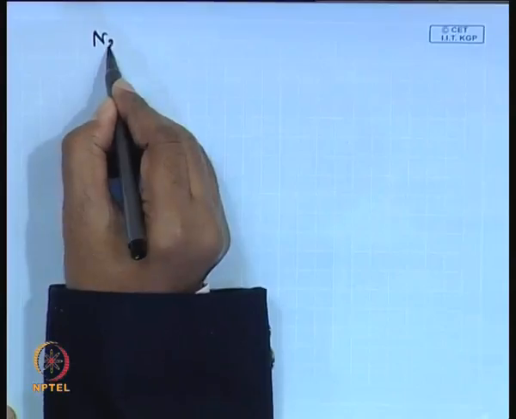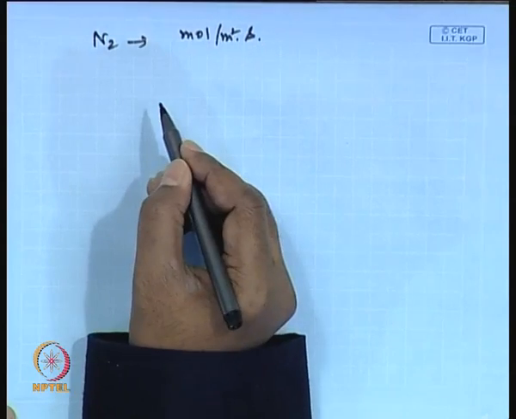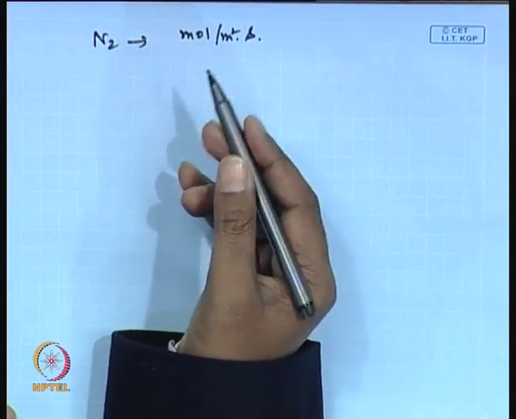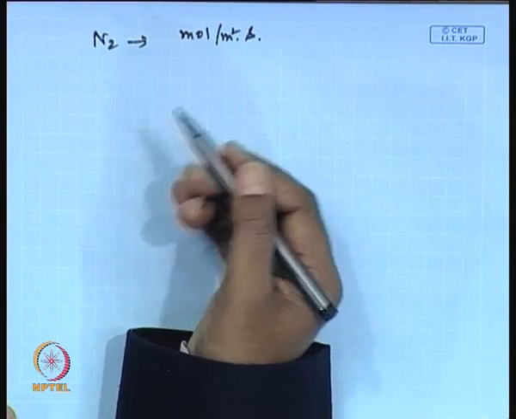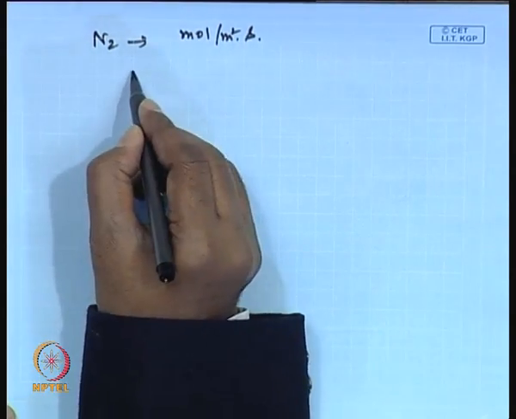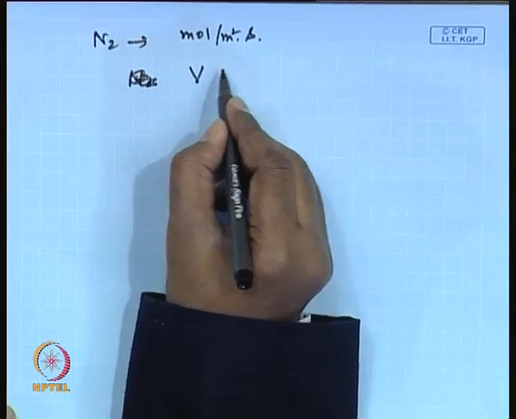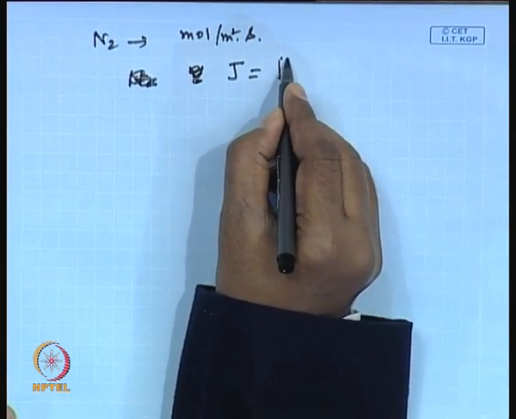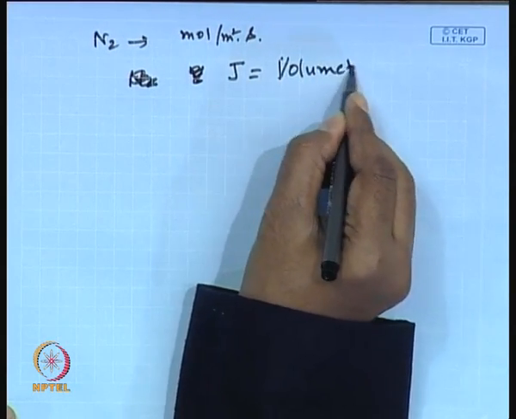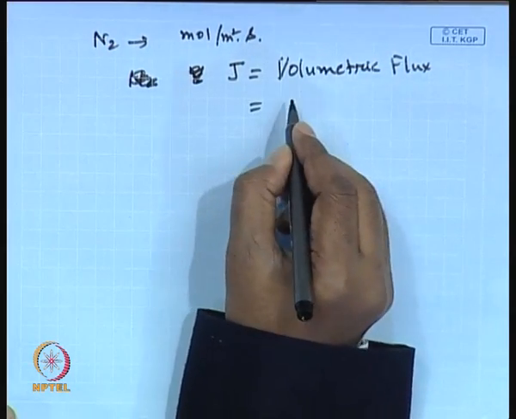And what is the unit of N2? The unit of N2 will be mole per meter square per unit time. It is the molar flux. You can convert it into the volumetric flux by multiplying with the density and the molecular weight. So, N2 becomes, let us say, J, which is nothing but volumetric flux, and a group of constants.